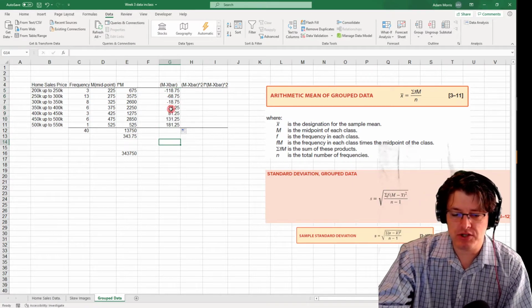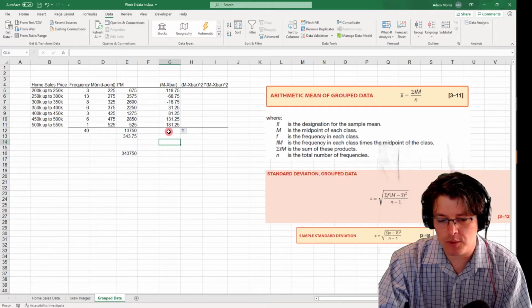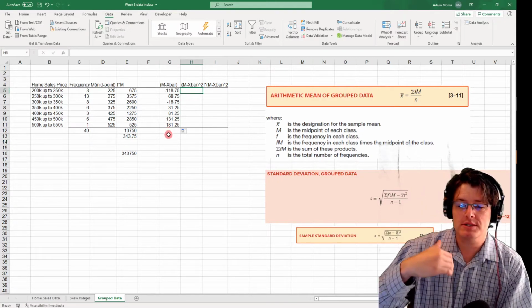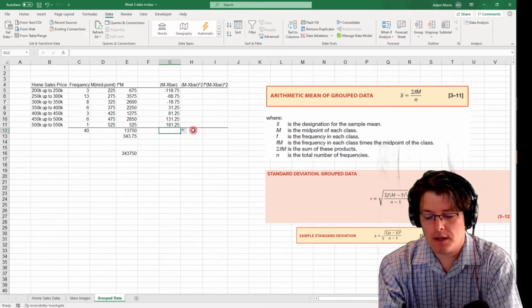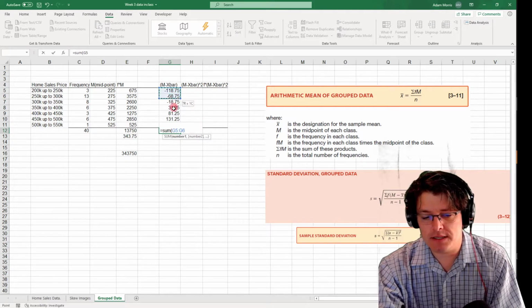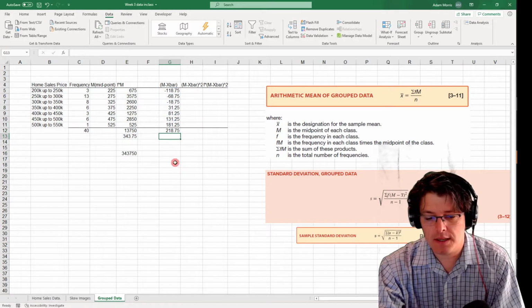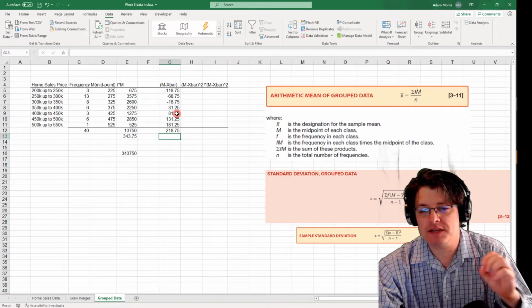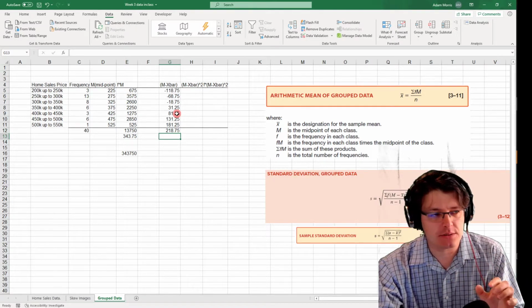Okay, so we see eventually they're greater than the mean. One thing to note is that the sum of these is not equal to 0, right? All the other times we've said that the sum of the deviations is equal to 0.